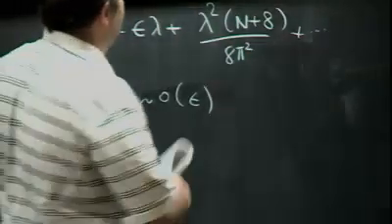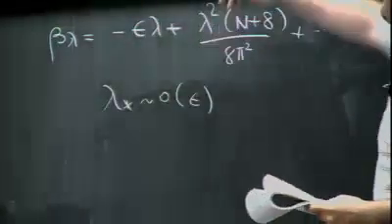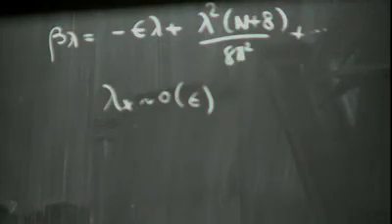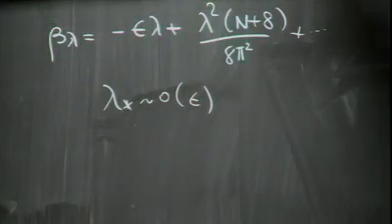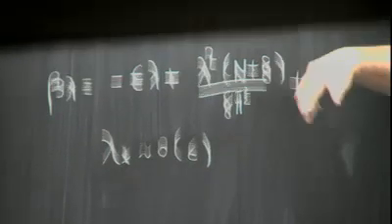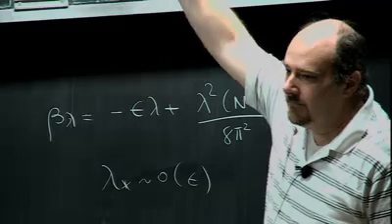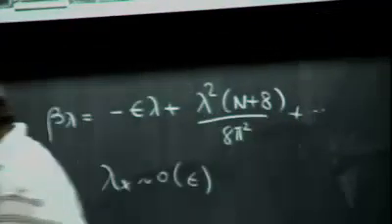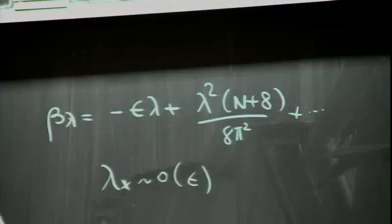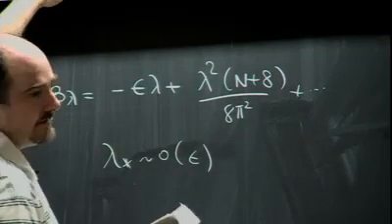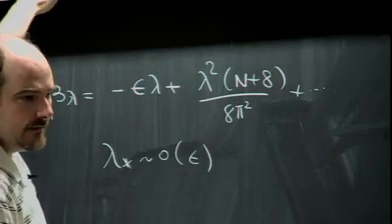CFT with O(N) symmetry. Of course, one could push this epsilon expansion to higher orders, and then there are powerful techniques to resum them and so on and obtain estimates for what dimensions of operators are at this fixed point, for example, in d equal 3. And of course, these O(N) models are just part of the family to which the three-dimensional Ising model belongs that you learned about last week, right?